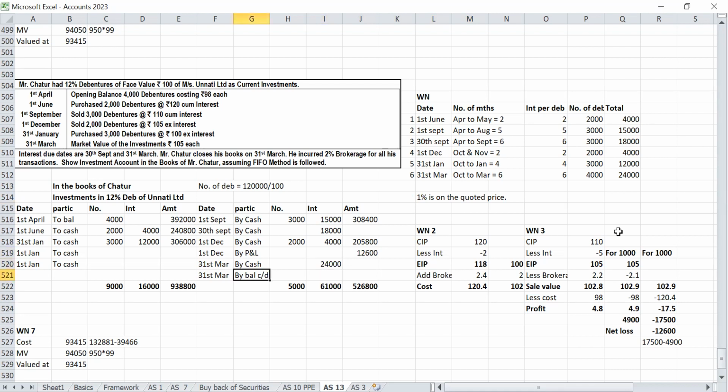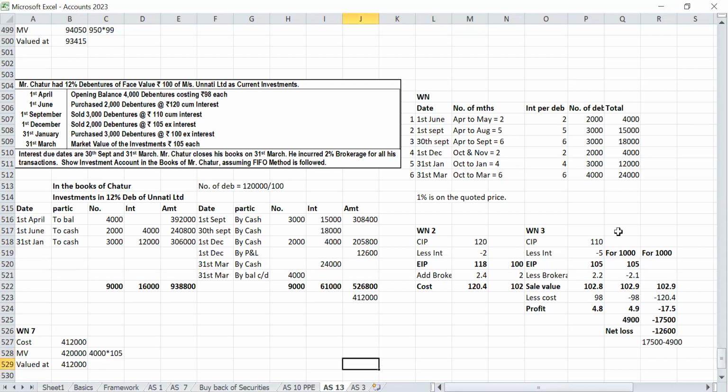Next, by balance carried down. How many debentures? 4,000 debentures. Balancing figure: 4,12,000, or 4,000 into market value 105, whichever is less.